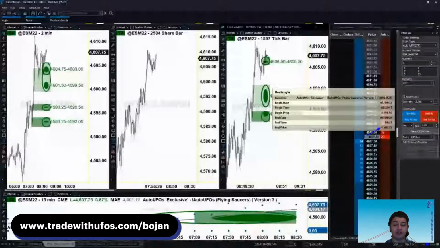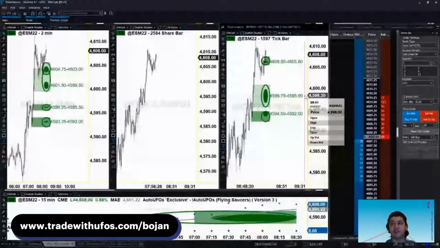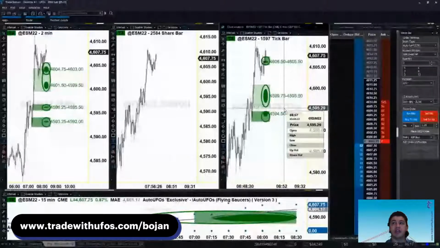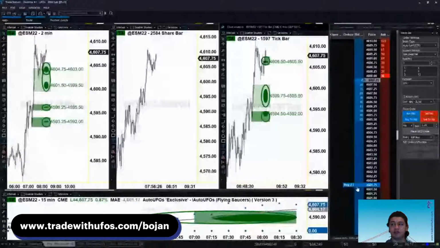So if the price drops 7, 8 points, the moving average is most likely going to be somewhere around the 45.90, perhaps 45.96 area, 45.98, somewhere around there, 45.97, which is good for us, right? We're going to already be in a trade, and we would be expecting the moving average to add some more orders in, as well as the auto UFO. So let's go ahead and place that trade. We said 4,675.